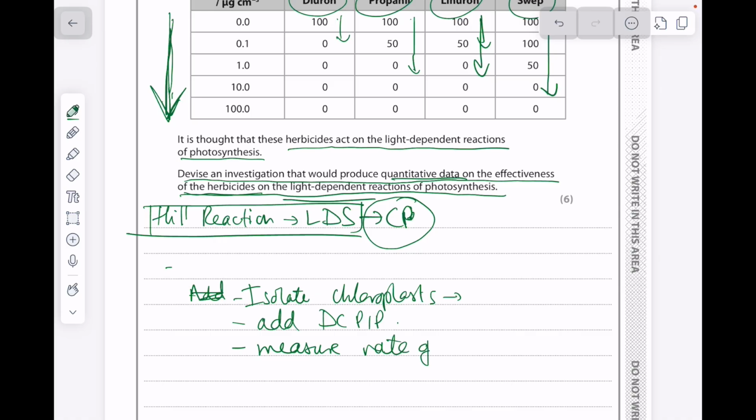Because remember, adding DCPIP, and we probably want to explain, because it's a 6 marker, what's the point of adding DCPIP.